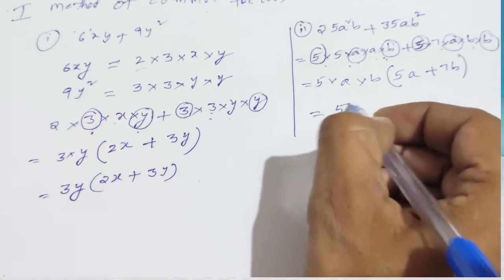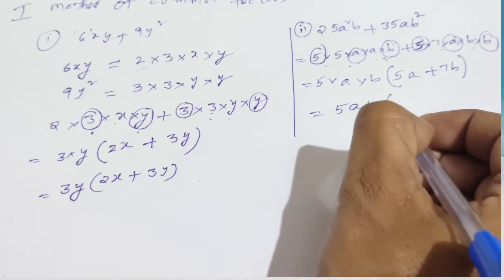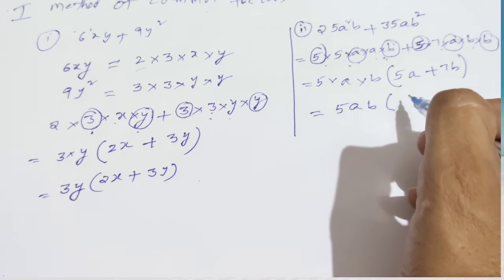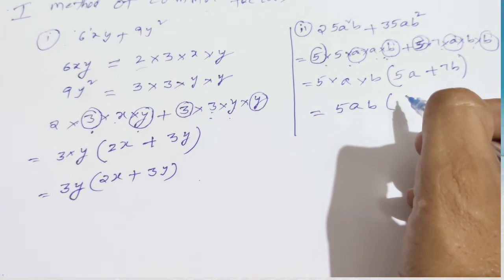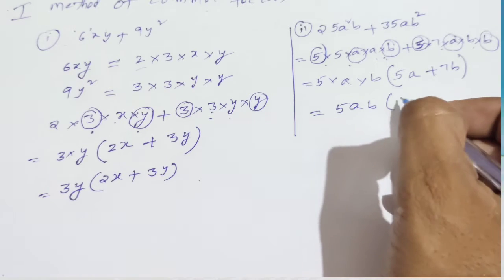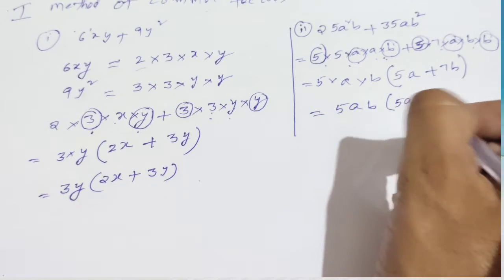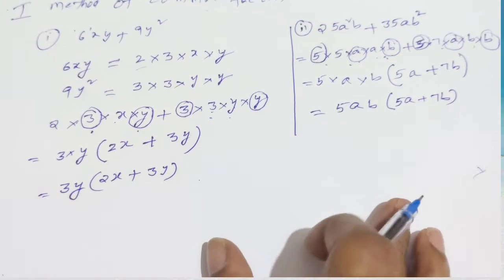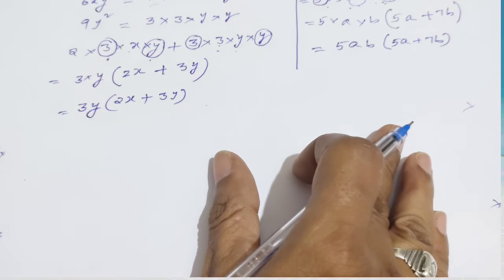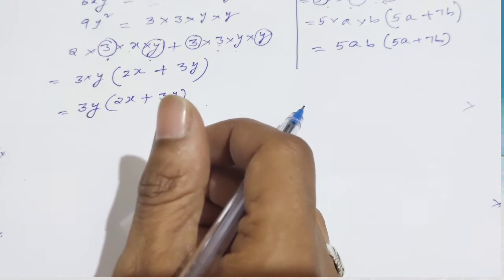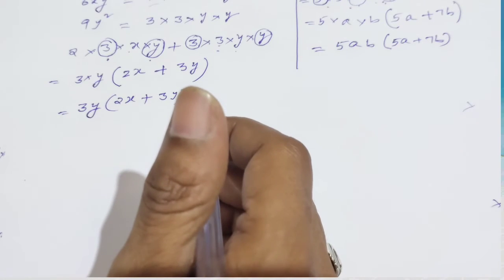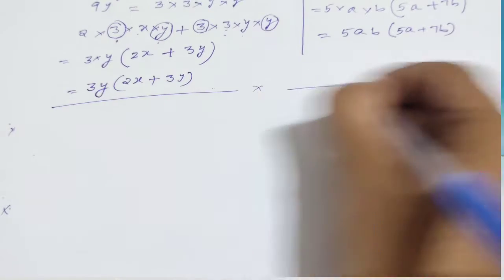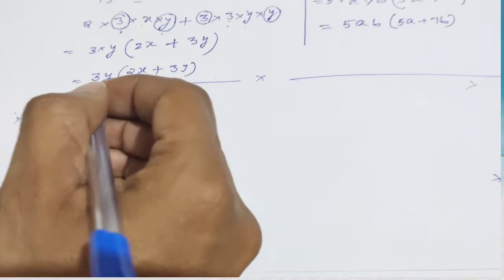So for simplification we can write it as 5ab, bracket begin, simply 5a plus 7b. Okay, so this is the method of common factors.